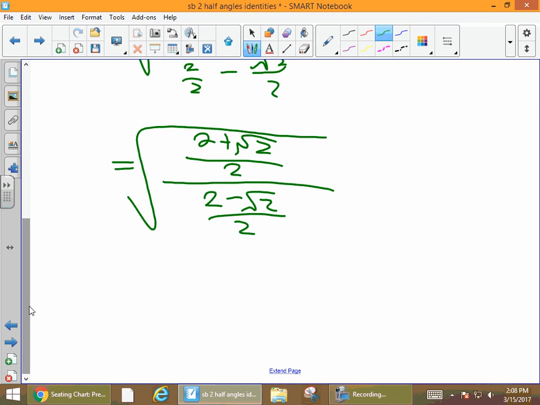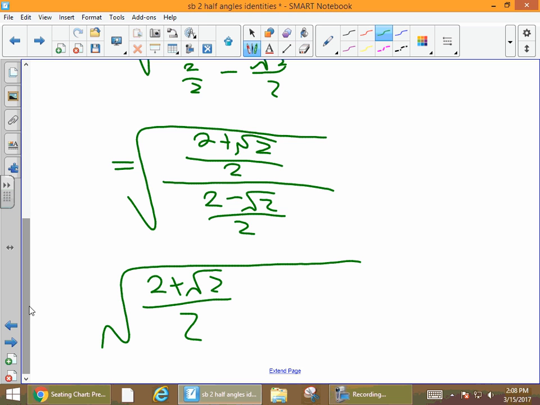And then do we multiply? When we divide by fractions, we don't ask why, we just flip the second and multiply. So in order to simplify this, we're going to have 2 plus radical 2 over 2. We're going to multiply by a reciprocal. And so it's going to be 2 over 2 minus radical 2.